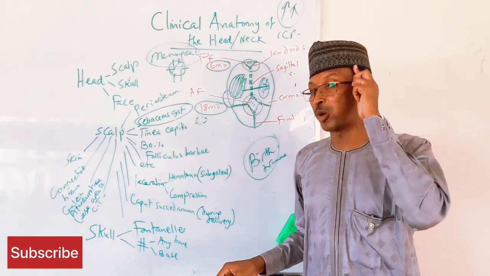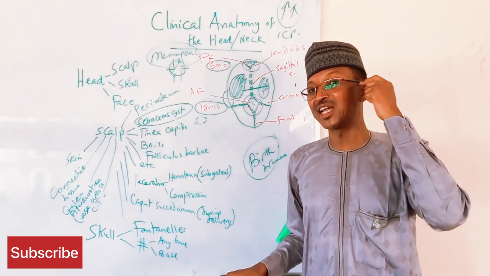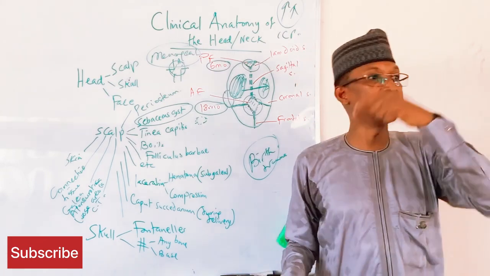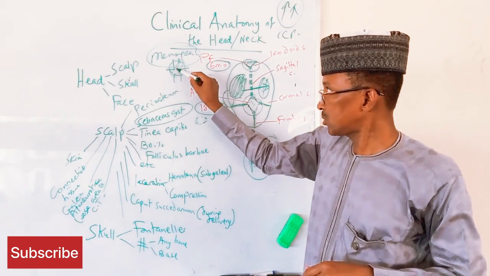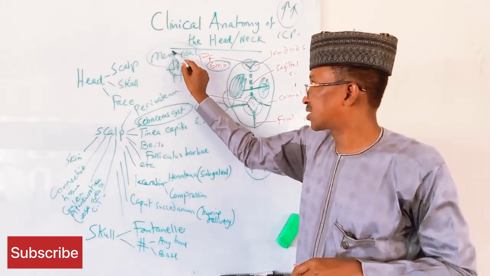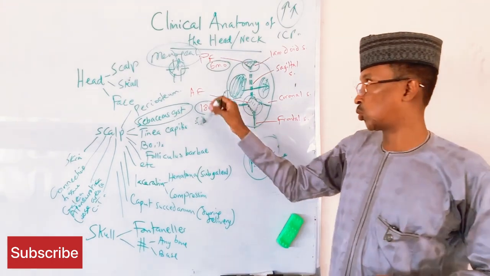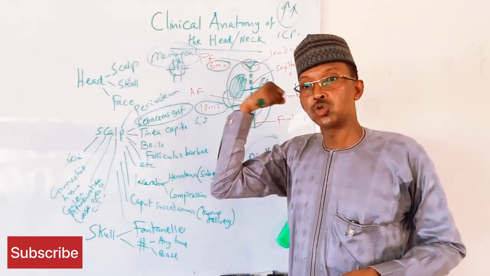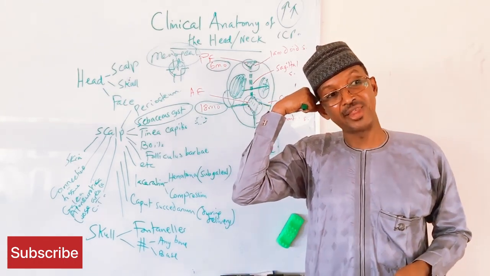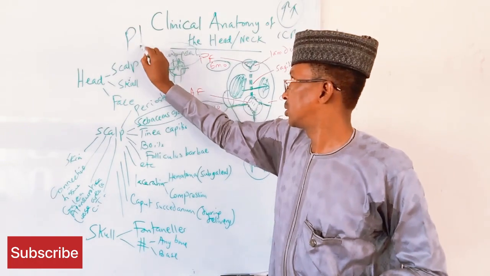So it gives the superficial temporal artery going up to supply the scalp, and then the maxillary artery goes inside to supply the maxillary area of the face. So the maxillary artery gives a branch that supplies the meninges around the brain, and that is what you call the middle meningeal artery. So once you give a blow to the lateral side of the skull there, you may fracture this pterion area. We call it pterion, like this.